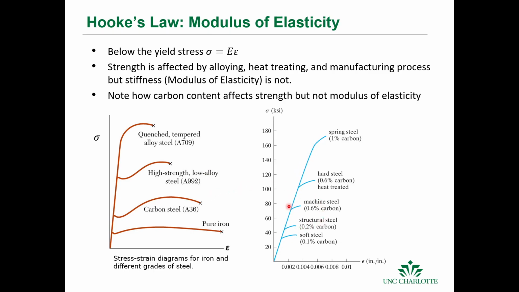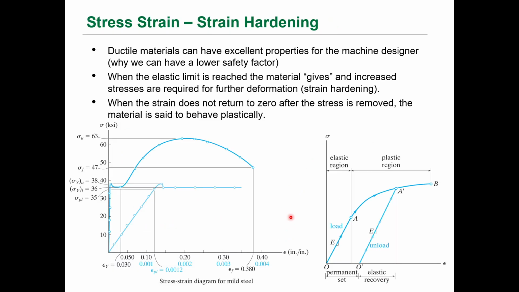But again, that slope for the Young's modulus doesn't change. Okay, so that's the point here, is that even if you do some material processing, you can expect that the stiffness, or the Young's modulus, or the modulus of elasticity, is going to remain the same.